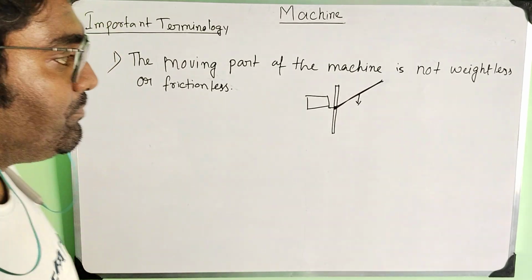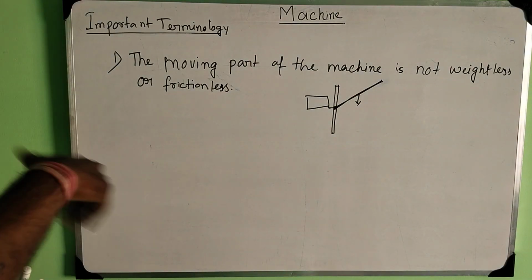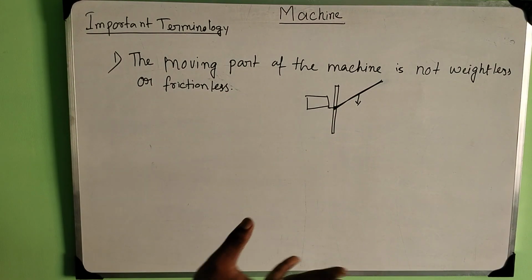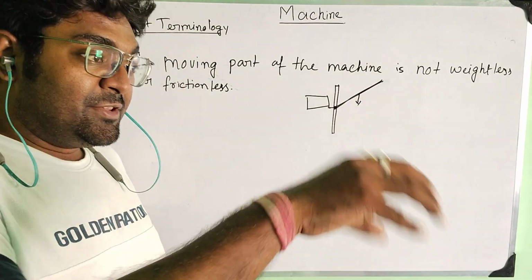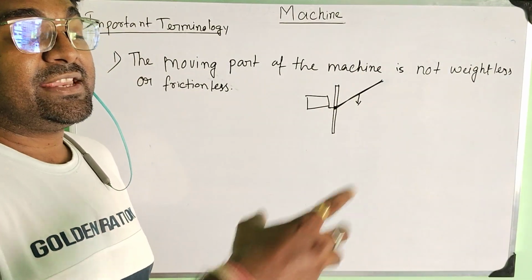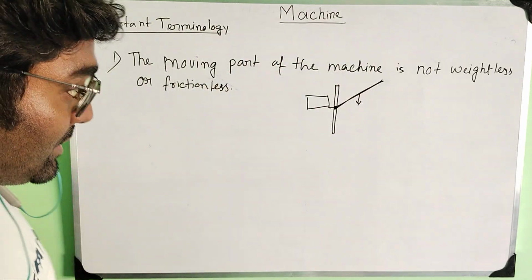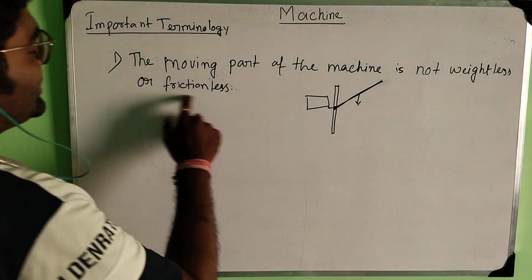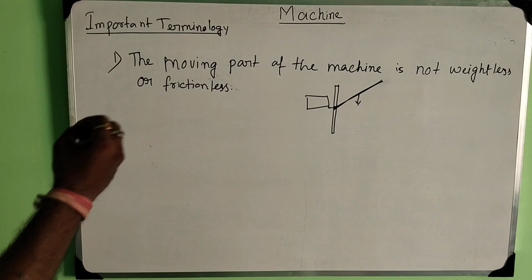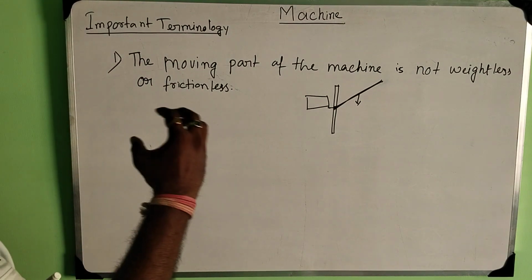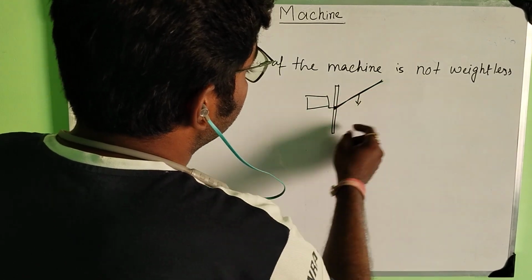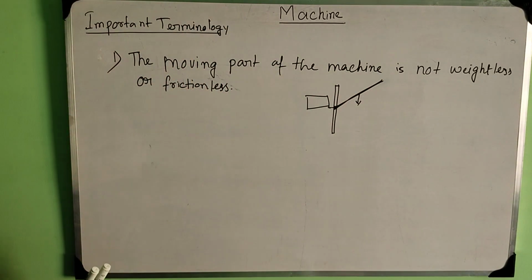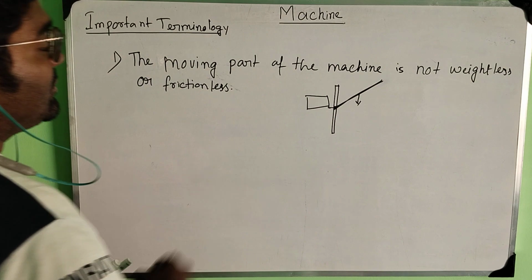Because of the friction of the machine, heat energy develops, and due to this heat energy, the energy is lost. Okay. So friction will cause heat energy and the energy will be lost. That means the amount of energy that we are inputting, some will be lost due to the weight of the moving part of the machine and due to the friction.